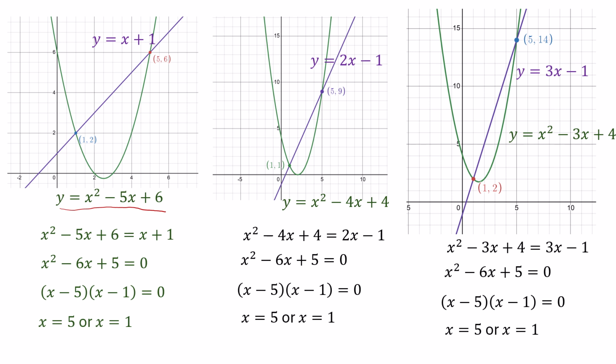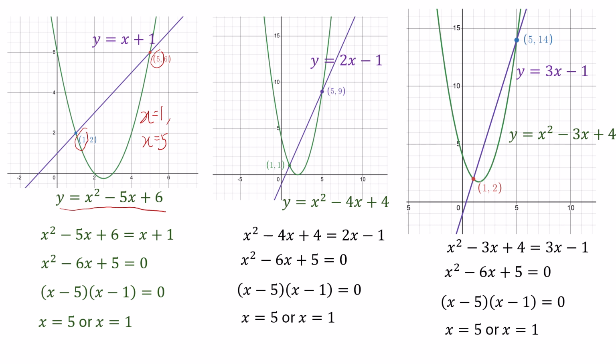Right, so graphically, we can see that the x coordinates of the intersection points are 1 and 5. That means x equals 1 and x equals 5 are the solutions to the intersection points of the curve and the straight line. If you were to solve it simultaneously, this is how you do it.